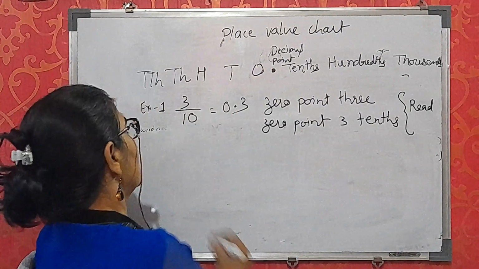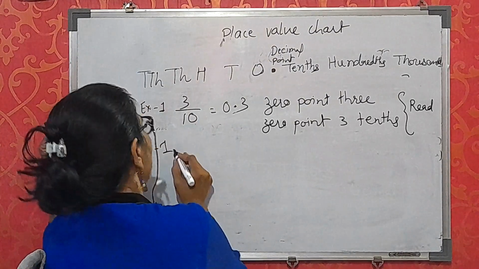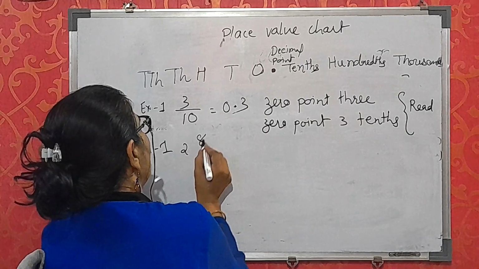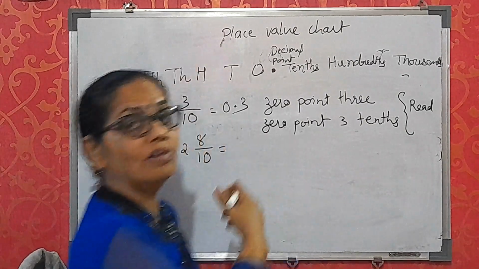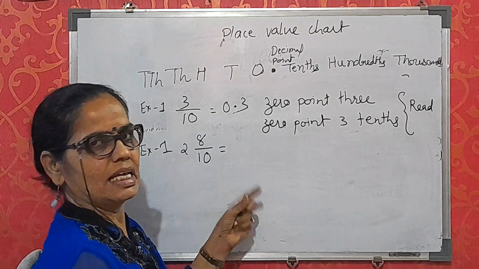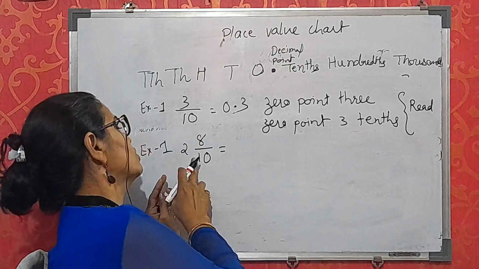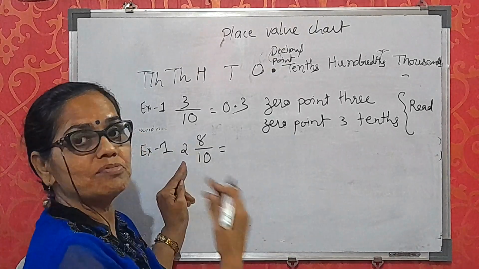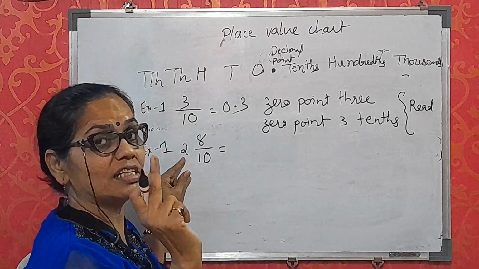Now suppose this is a simple proper fraction. If your fraction is improper or a mixed number, like suppose it is 2 integer 8 upon 10, how will you convert this into decimal and how will you read this? Simple. In a mixed number, the 2 is the whole number, as I have taught you in my fraction videos.